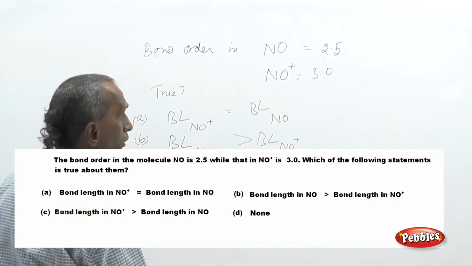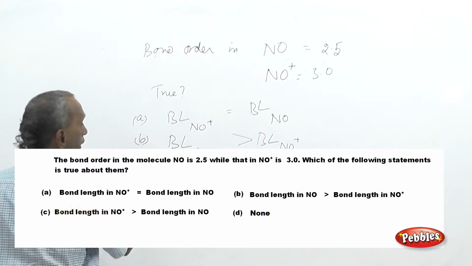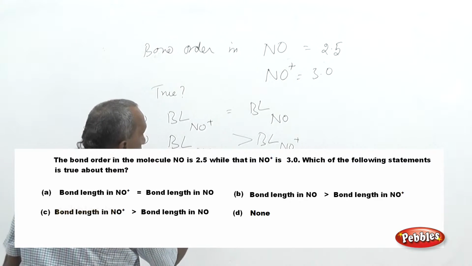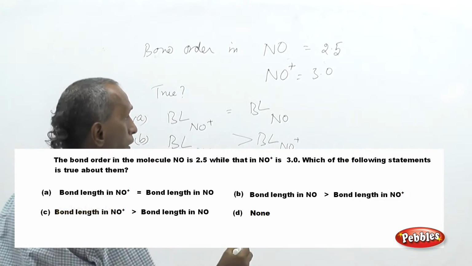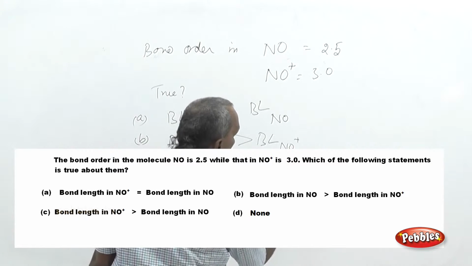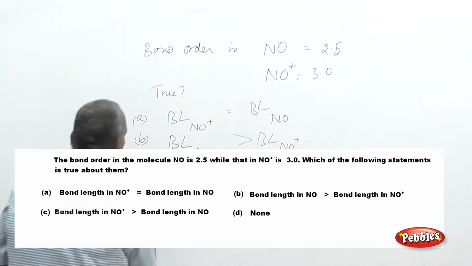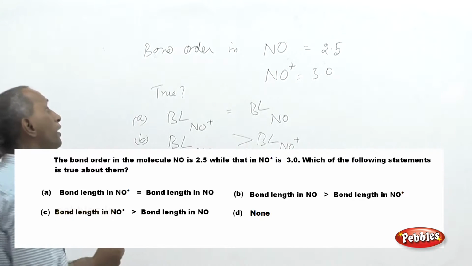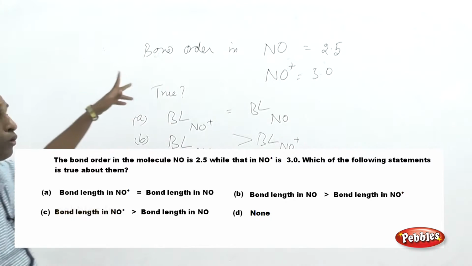Third choice reads as: bond length of nitrosyl cation is greater than that of nitric oxide. Fourth choice: none of the statements is true. So these are the data about the question.